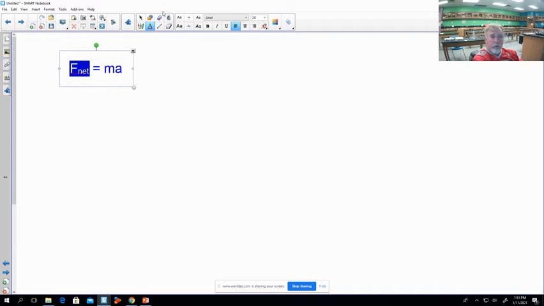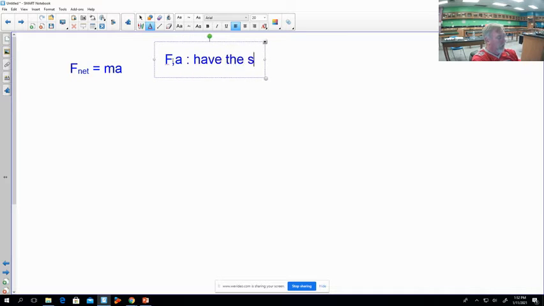I also want you to see that the force and the acceleration have to have the same sign. What does that mean?